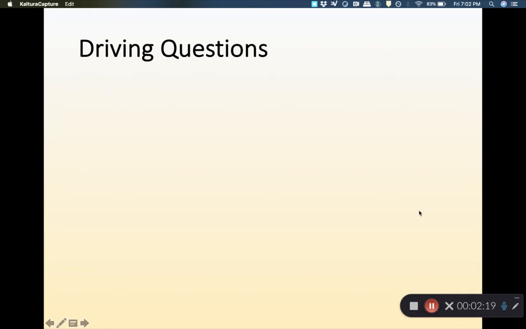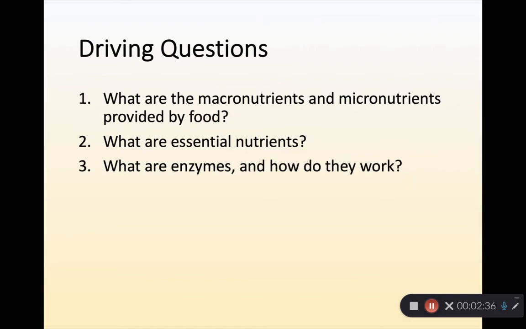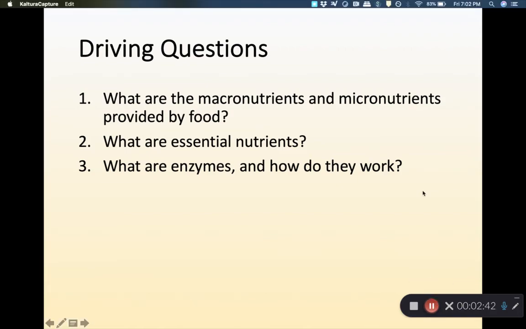So our driving questions for this lecture are: what are macronutrients and micronutrients, and how are they provided by food? Secondly, what are essential nutrients, and what does that have to do with malnutrition? Third, what are enzymes and how do they work? This is going to give us the framework to understanding how biologically we derive energy.